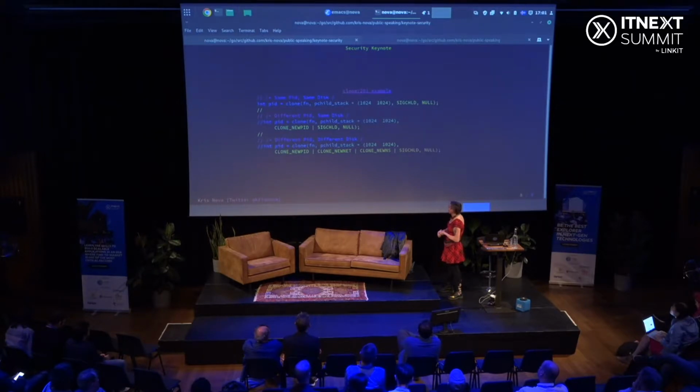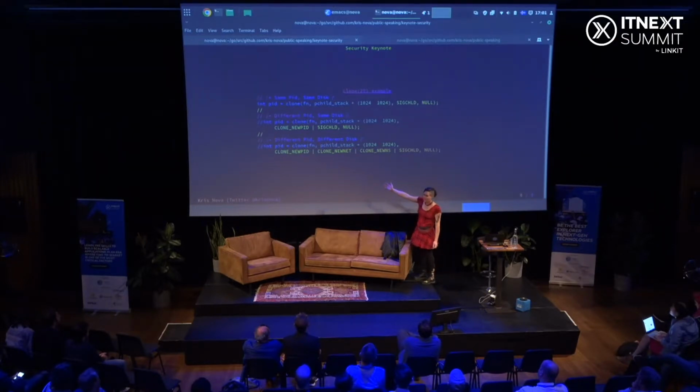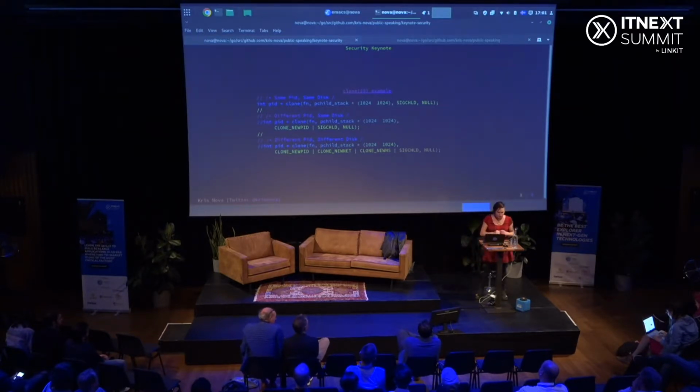And of course, the last example you see here, we're very, very gracious in this example. We're going to give them access to almost nothing. They get a brand new PID, a brand new network, a brand new namespace, and we're going to create a new process with SIGCHLD. OK, so we're going to actually execute some C code, and we're going to run this bottom one here in just a moment.